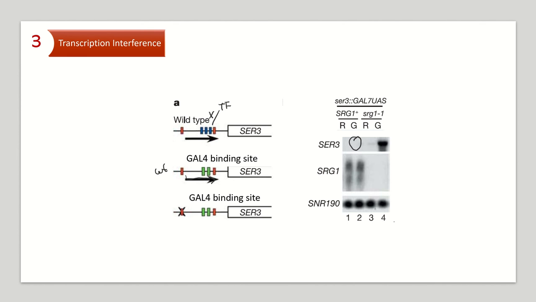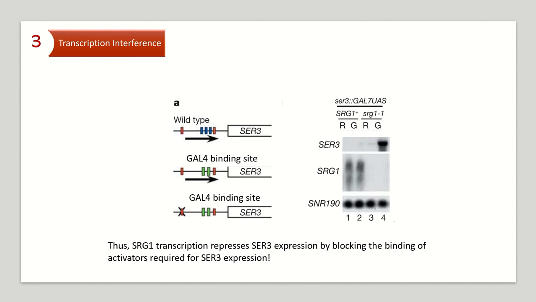In contrast, in an SRG1 mutant, where transcription doesn't occur, SIR3 transcription is galactose-inducible, in that the GAL4 protein can now bind this site. So thus, these results show that SRG1 transcription represses SIR3 expression by blocking the binding of activators required for SIR3 expression.